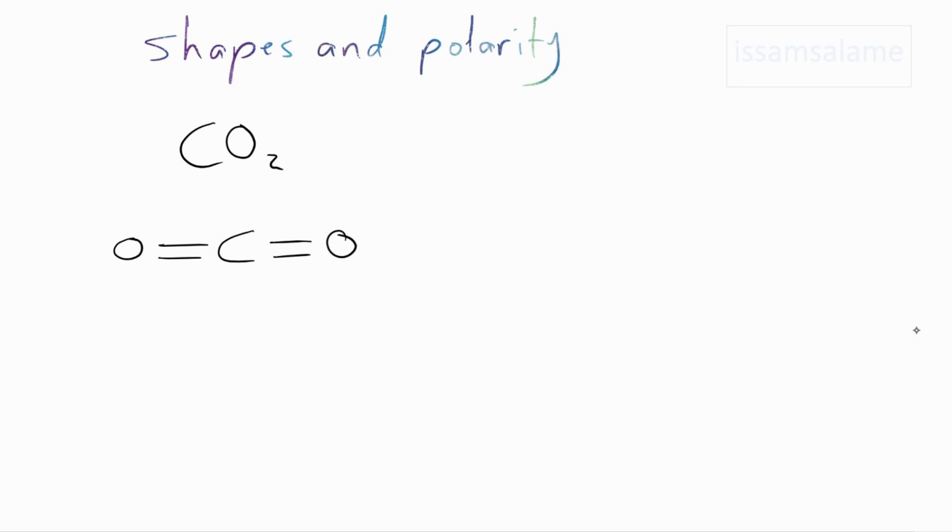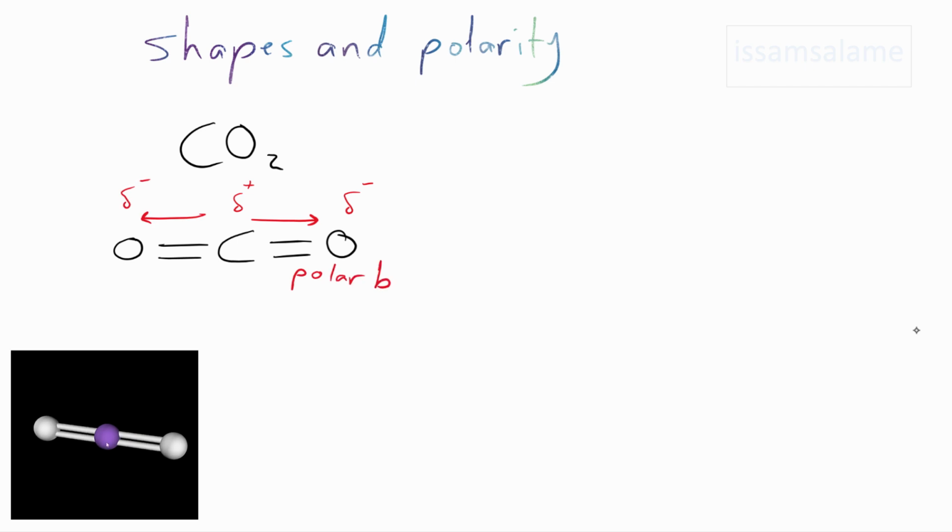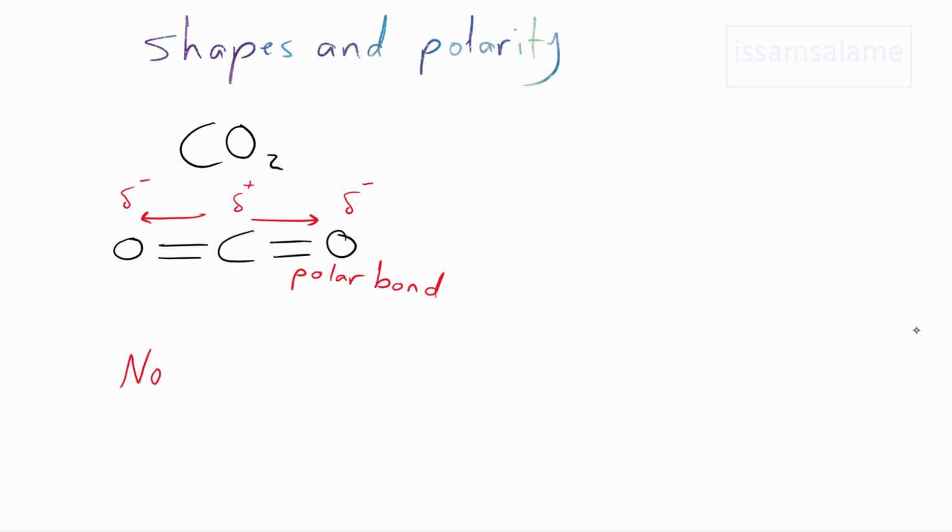Oxygen has a higher electronegativity, so the electrons are going to be closer towards oxygen, which will give the oxygen a partial negative charge and carbon a partial positive charge. But since here we have the 2 forces opposite to each other because of the linear shape of the molecule, then the molecule is going to be nonpolar.